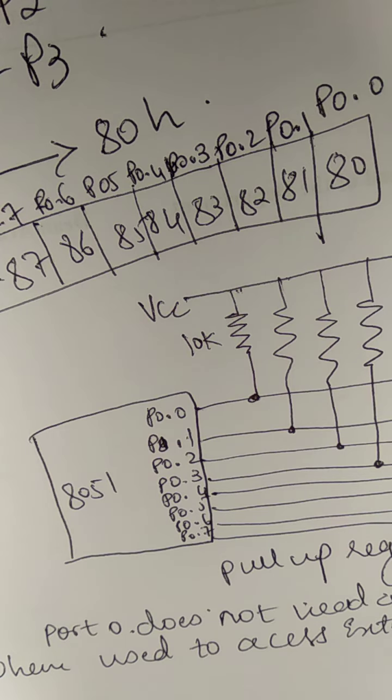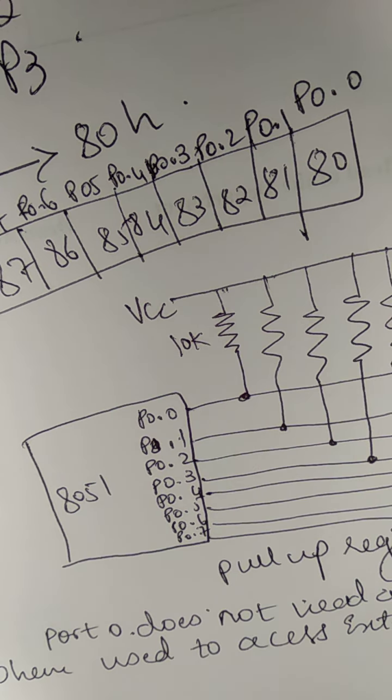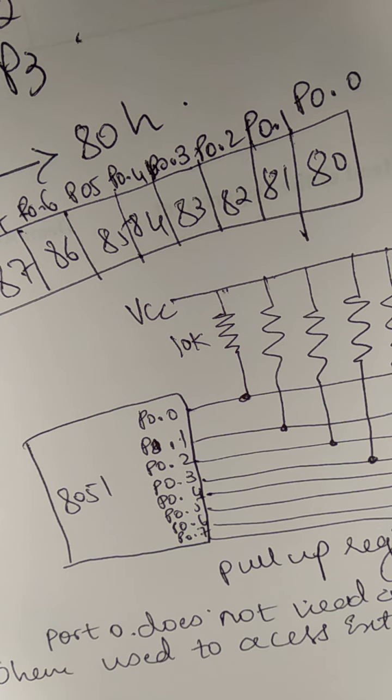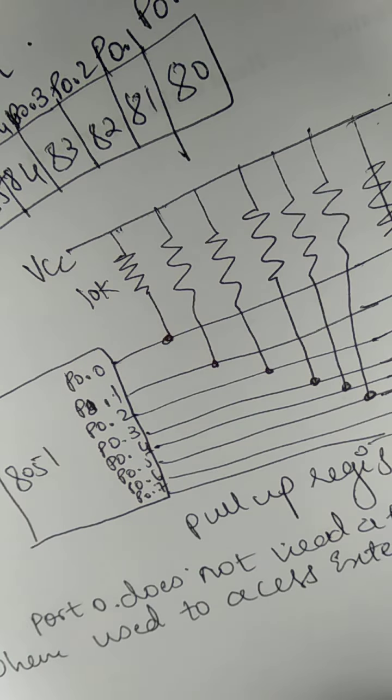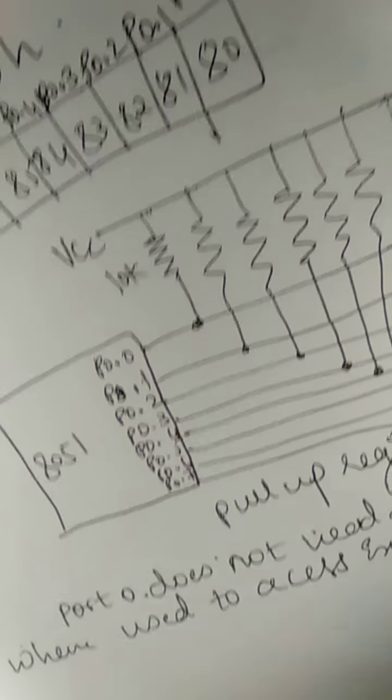Next, internal control signals send addressing lines to the gates of the field effect transistors, that is FETs. Internally the FETs are connected.